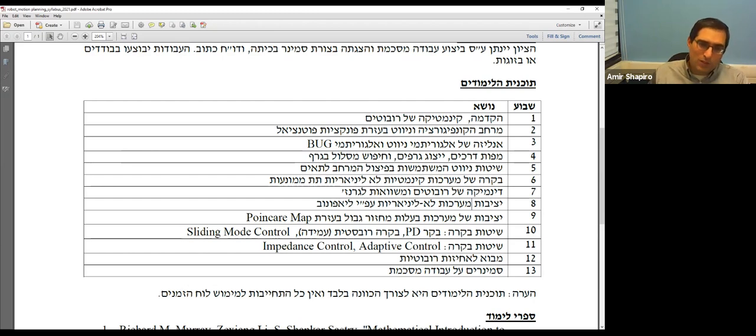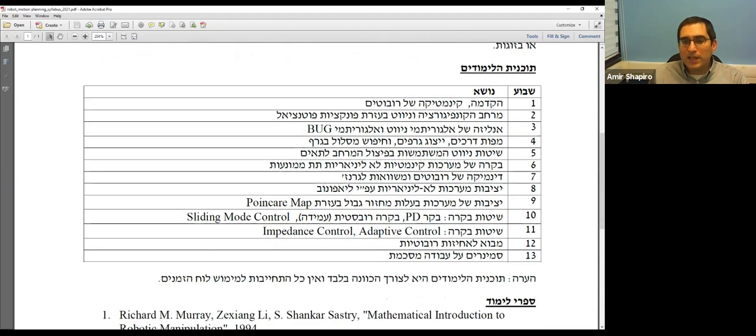We'll analyze this using something called the Poincaré map. Then some control methods for robots like PD controller, robust controllers, sliding mode control, impedance control, and adaptive control. I hope I'll have time to go over all of them. And then maybe I'll talk a little bit about robot grasping. And finally, you'll present your final work of this course.